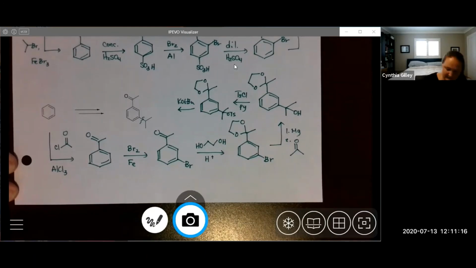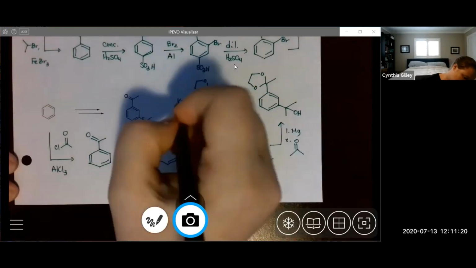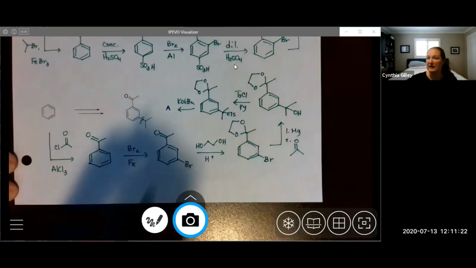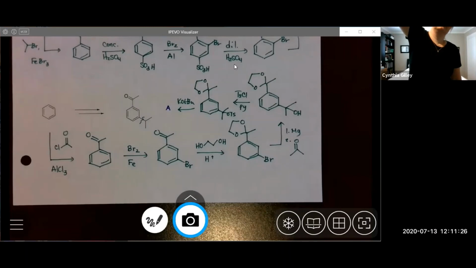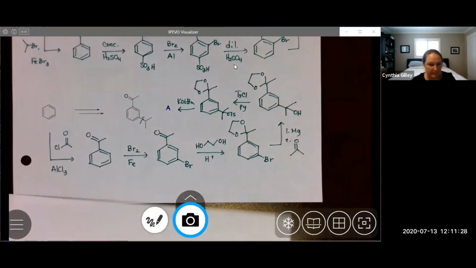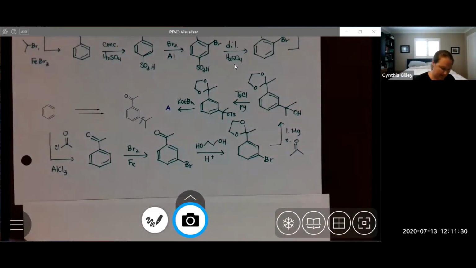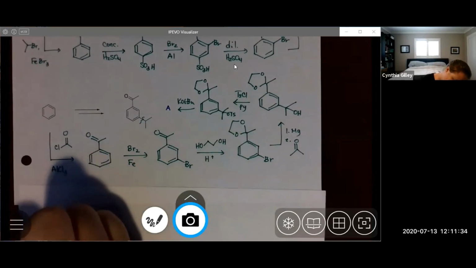How do I want to do this space-wise? So that will be the alkene.